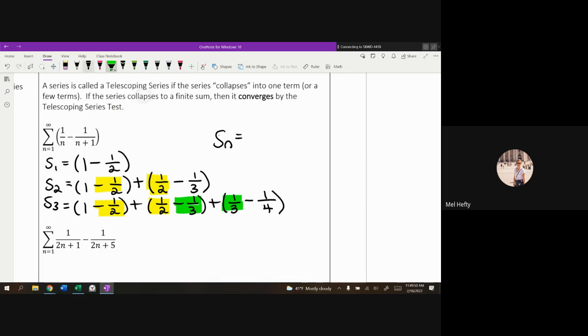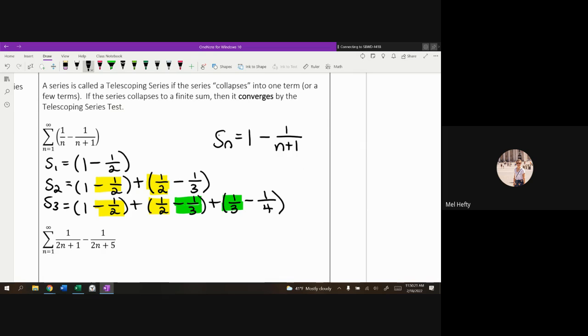Let's see if we can write a formula for the nth partial sum. What is going to be in all of the partial sums, no matter how many terms I list out? 1. Now, I need to find a way. There is some uncanceled stuff at the end, right? If I had to write that in terms of n, meaning I'm going to write something that has n's in it, what could I subtract off to represent the last uncanceled term? 1 over n plus 1.